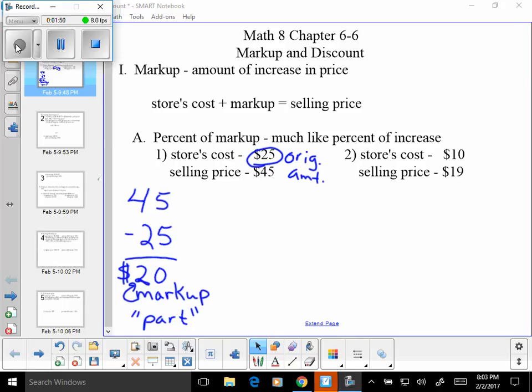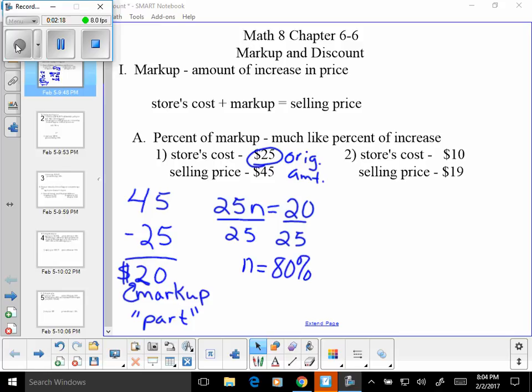Now we need to calculate the percent. We are going to take the original amount, 25 times n, and set that equal to the markup of 20. You know what to do. Divide both sides by 25. Now this one is actually a mental math problem, because if I'm going to do a percent, I want my denominator to be 100, so I really only have to take it times 4, and I find out that the percent of markup in this particular problem is 80%.